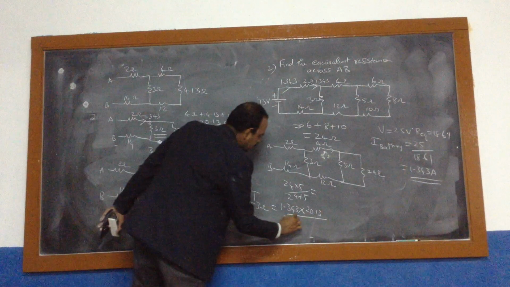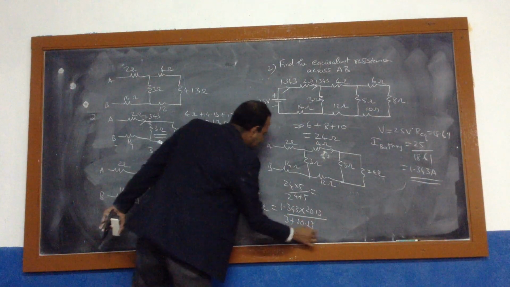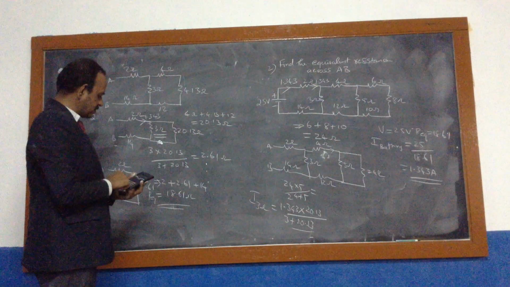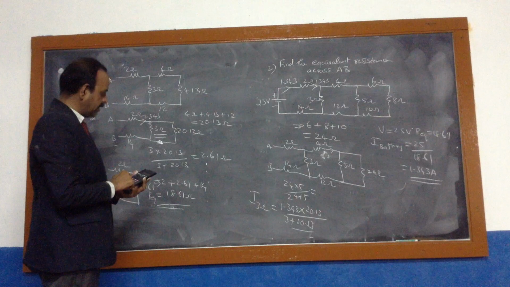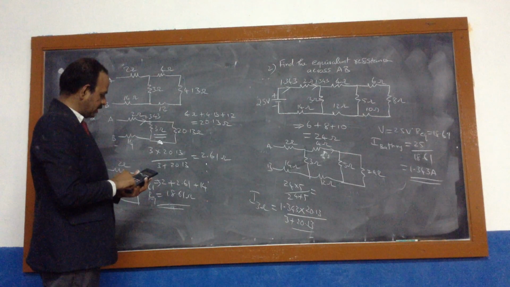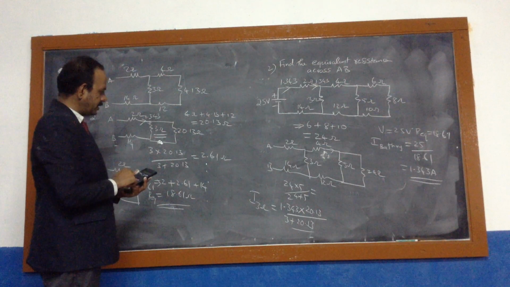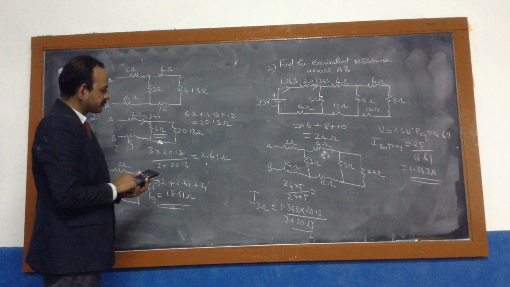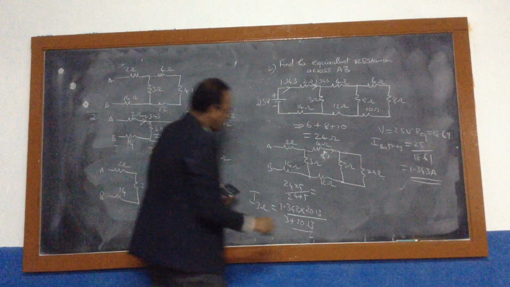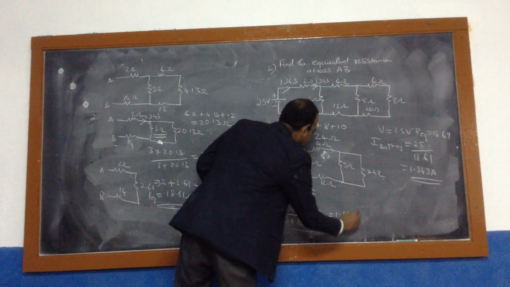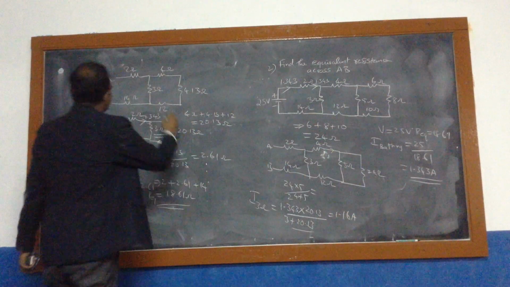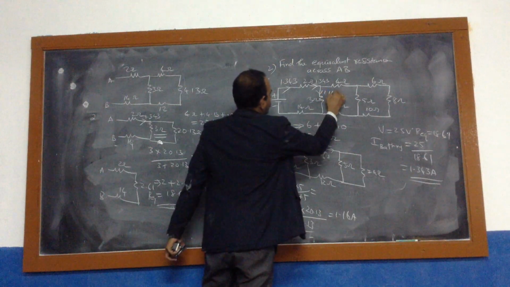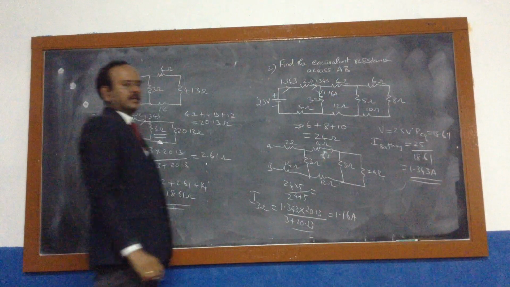So you can calculate 1.343 into 20.13 divided by 23.13. It will be 1.16 amps. So we got the current through 3 ohm as 1.16 amps.